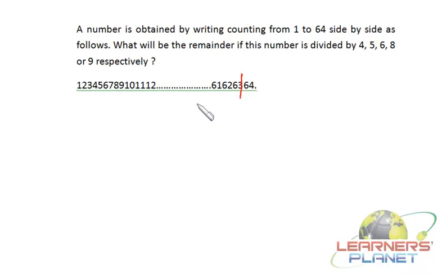So till 63 there are 7 sets of 9 consecutive numbers. So definitely it will be divisible by 9. So we are left with 64. Now what remainder will 64 give if it is divided by 9? That is 1 only. So finally we'll be getting the remainder as 1 if it is divided by 9.